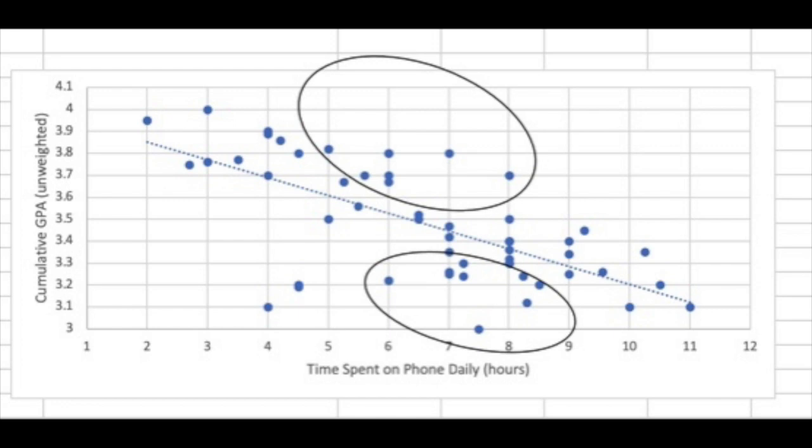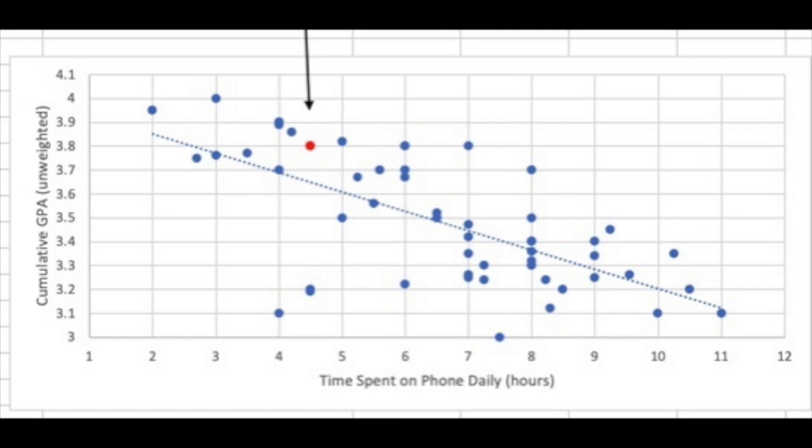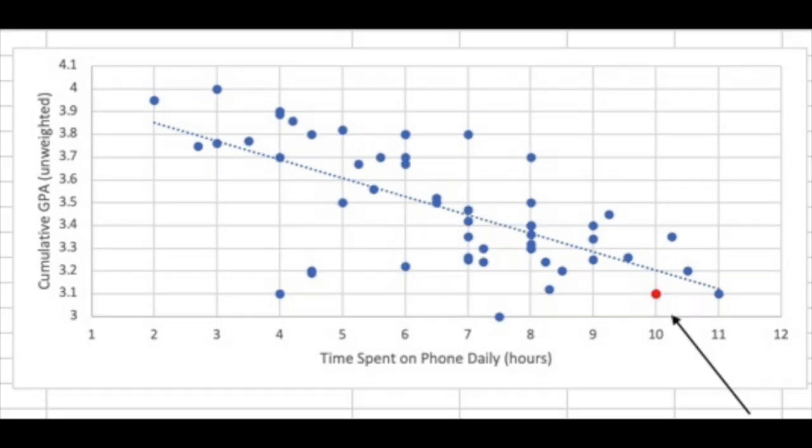We have an example of someone that spends about 4.5 hours on their phone daily but still has a 3.8 GPA, or someone that spends 10 hours on their phone and has a 3.1 GPA. So overall, we found that it is related.